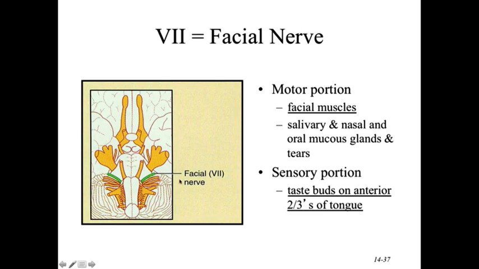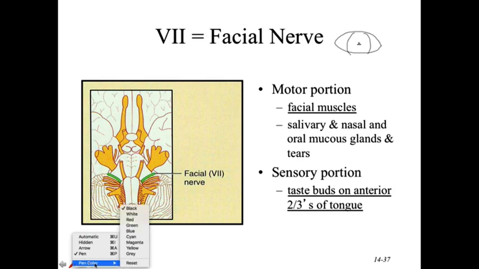The facial nerve is involved in the eye, and let me draw an eye here so we can always remember this. So let's say here's an eye. We have a few cranial nerves involved with the eye. Let's say 1, 2, 3.